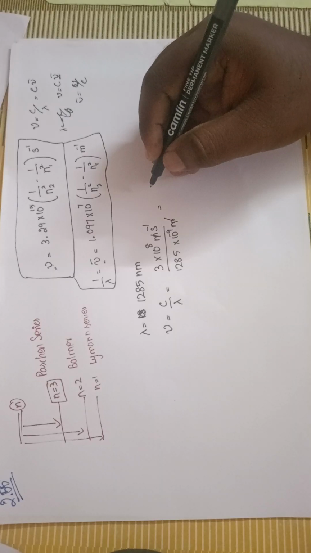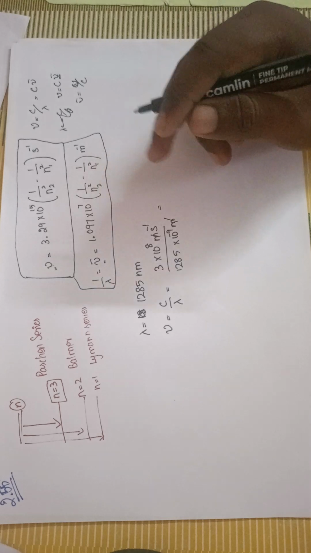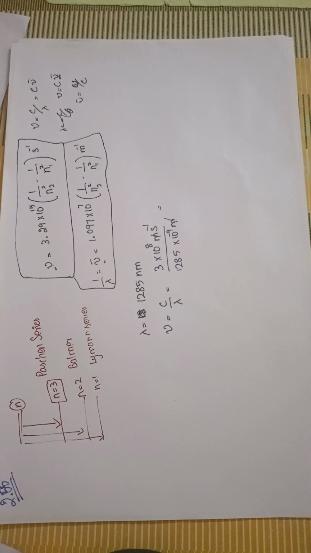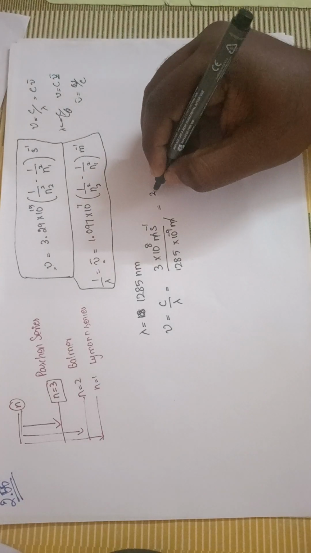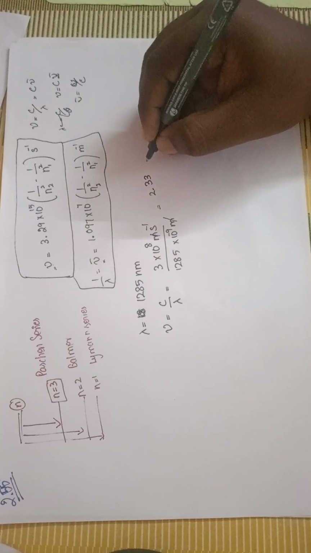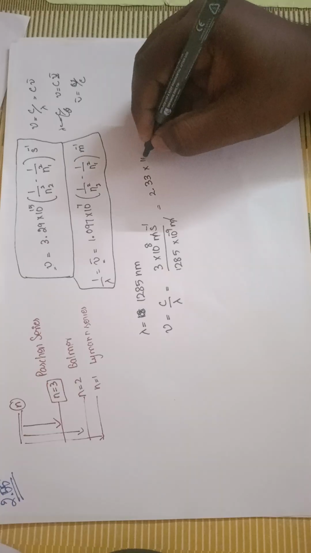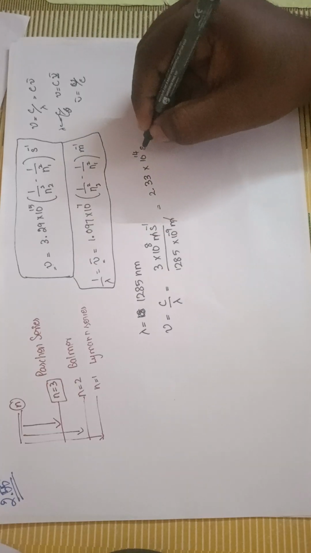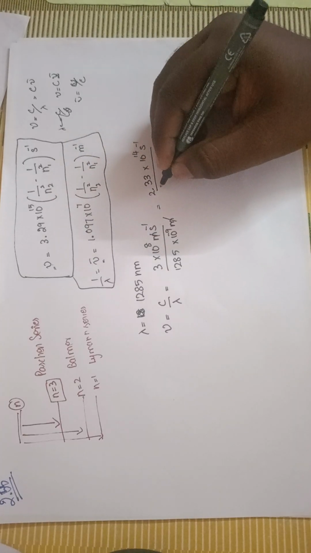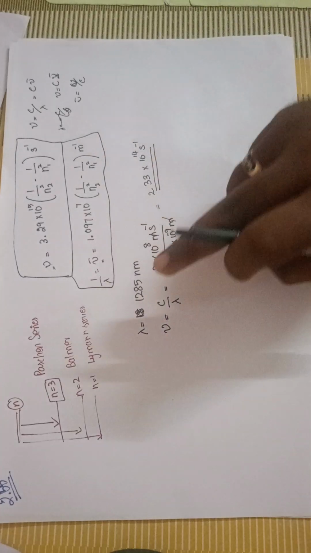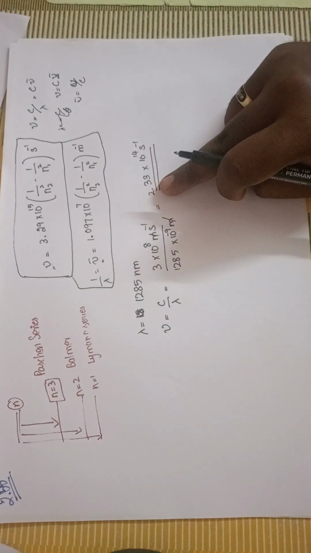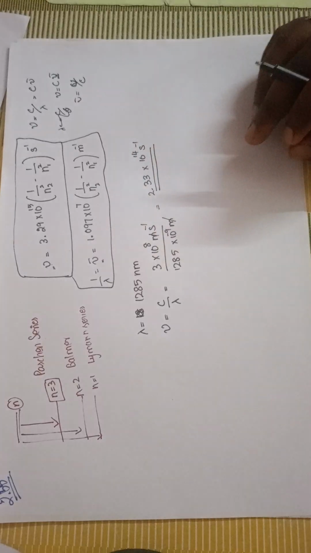So 3 divided by 1285, that is 2.33 into 10 power 14. So for this wavelength the mu value is 2.33 into 10 power 14 per second.